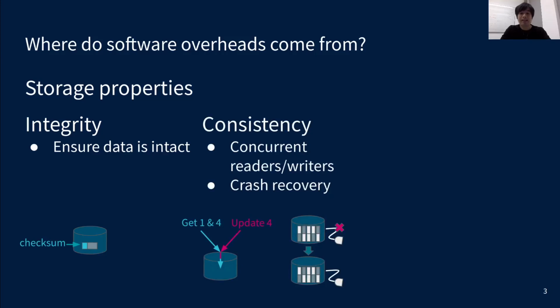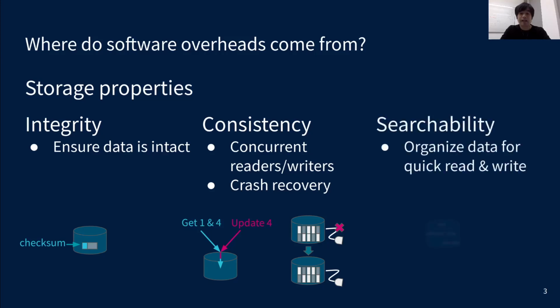The data must be consistent in the presence of concurrent readers and writers. The data also must be consistent after a crash. The third is searchability. Data must be found and returned to the client quickly when requested. Achieving those storage properties is the major source of software overheads in the storage systems.